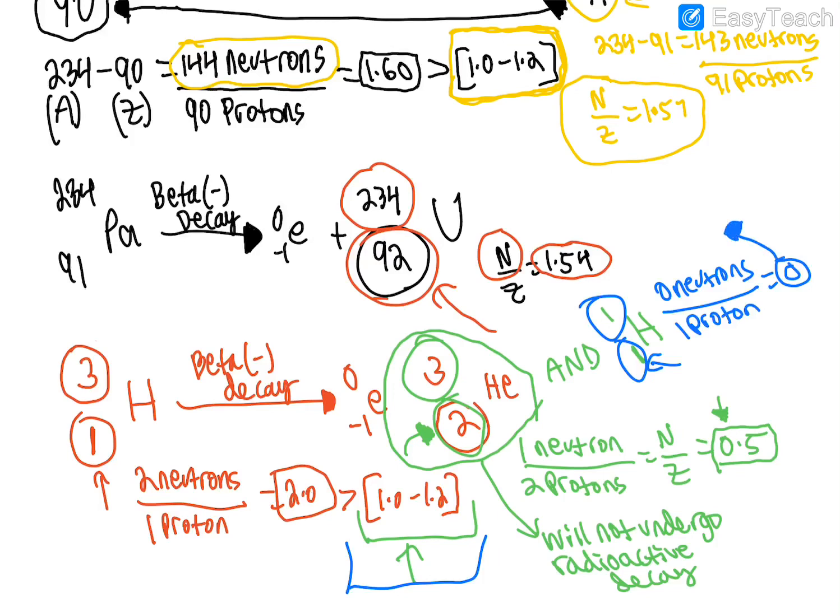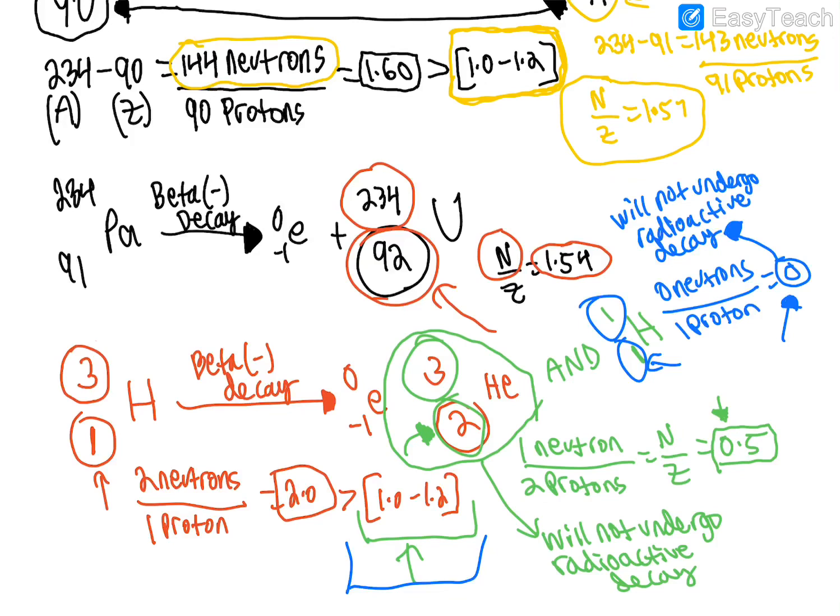So protium will not undergo radioactive decay, because it's stable, even though the neutron to proton ratio is 0. So protium and helium-3 are exceptions.